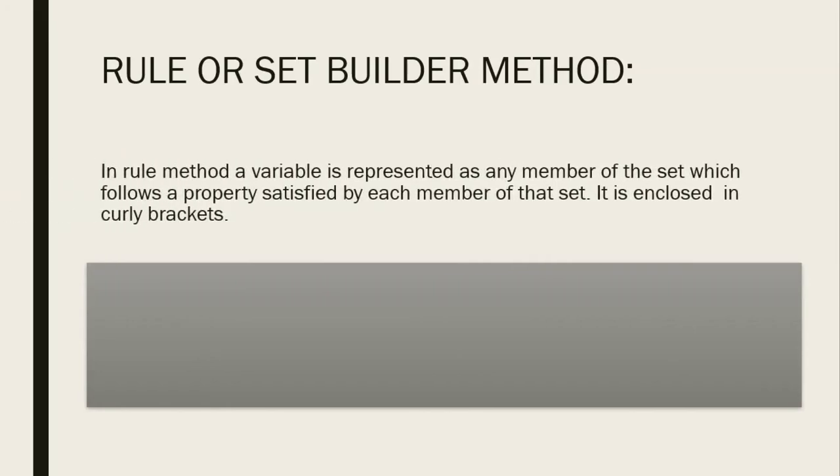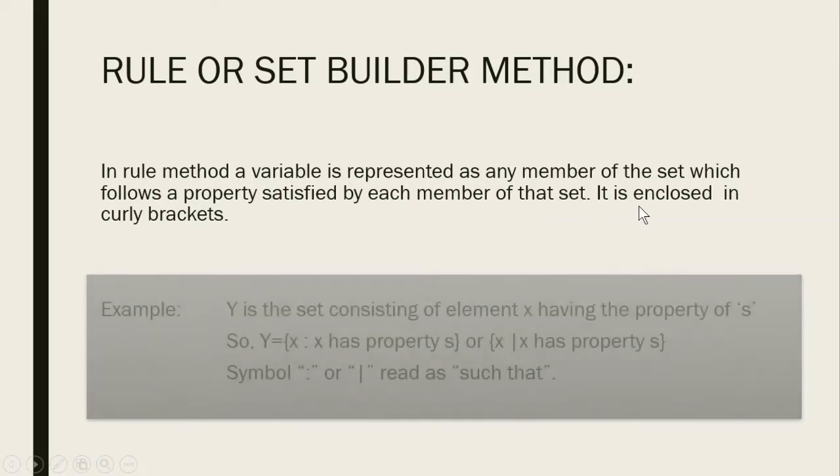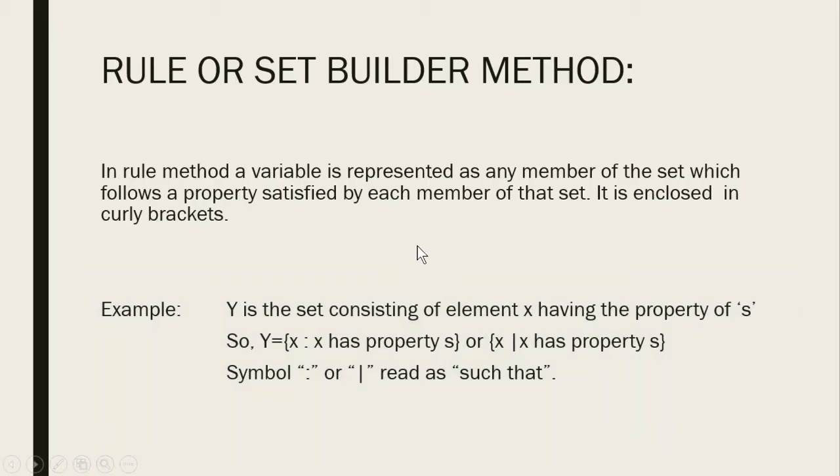In rule or set builder method, a variable like X, Y is represented as any member of the set which follows a property satisfied by each member of that set, and it is enclosed in curly brackets. Now we will explain the definition of rule or set builder method by an example.